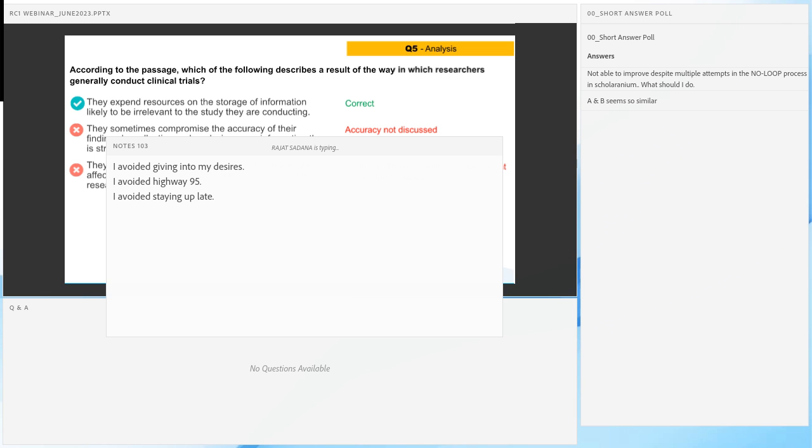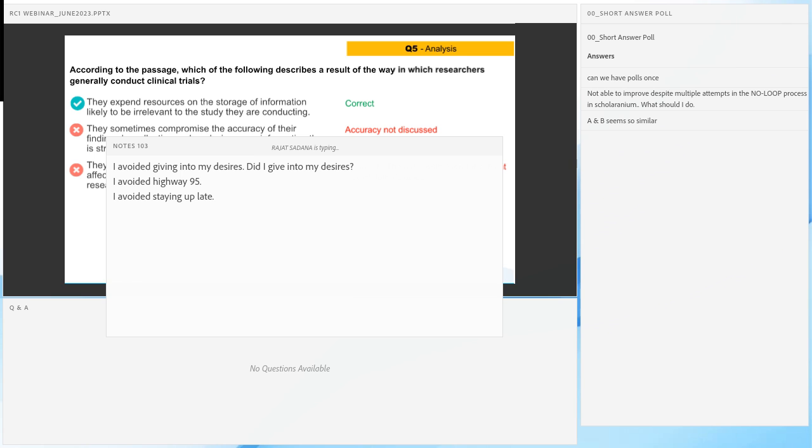Three examples. I avoided giving in to my desires. But does it mean that I gave in to my desires?